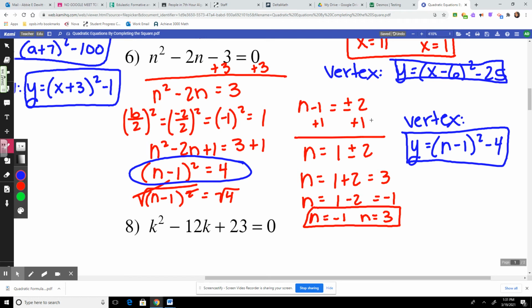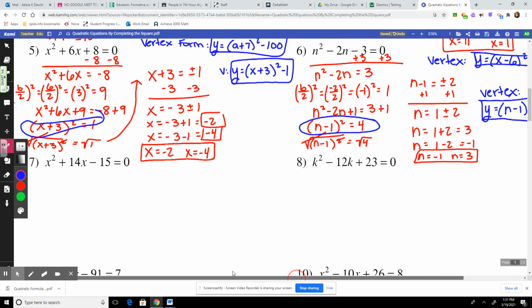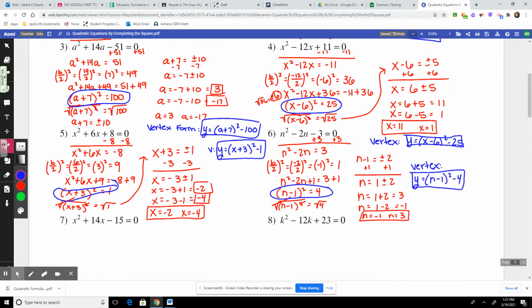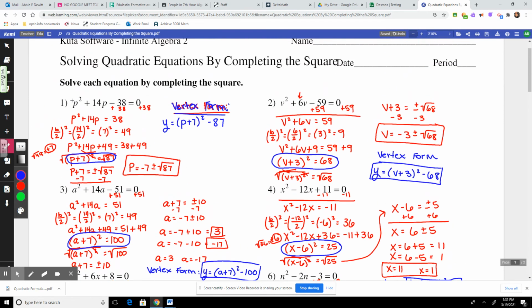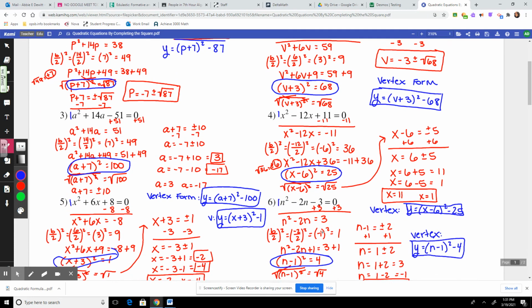And again, all of these, I'm going to zoom out for a minute. The vertex form, remember, is a times x minus h squared plus k. If you look at the a value for all these quadratics, it's positive 1, positive 1, positive 1, positive 1, positive 1, positive 1.